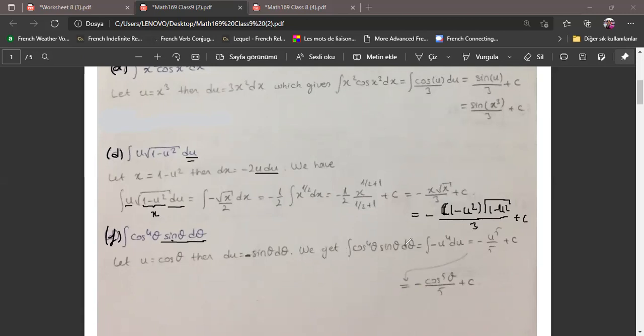We had before this integral, this is minus du, right? And cosine to the 4 theta is equal to u to the 4. So we have minus u to the 4 du, and you know the rest, right? You just add 1 and divide it by its power. Here you need to make back substitution to get the result in terms of theta, right?